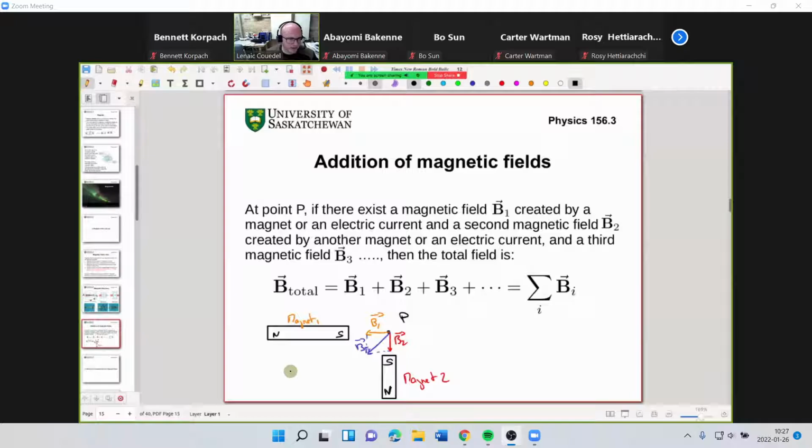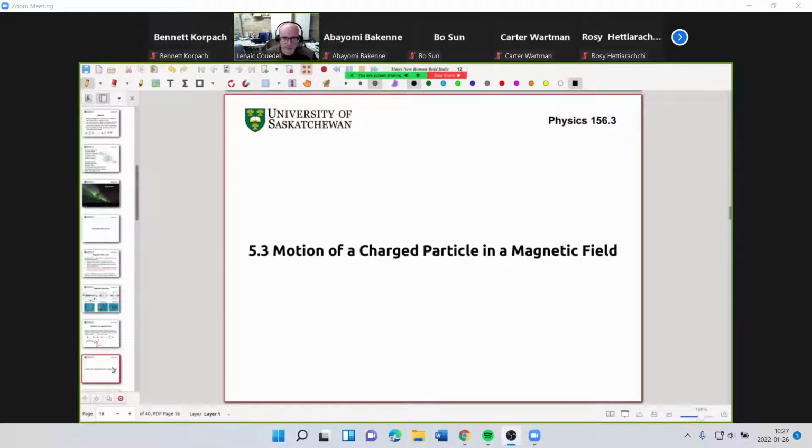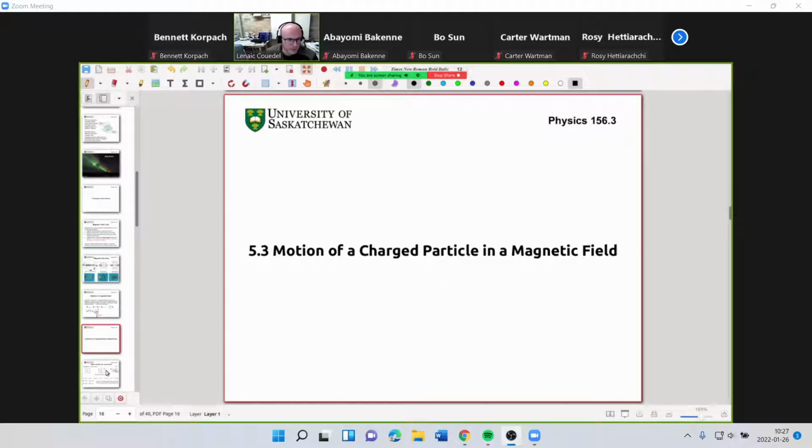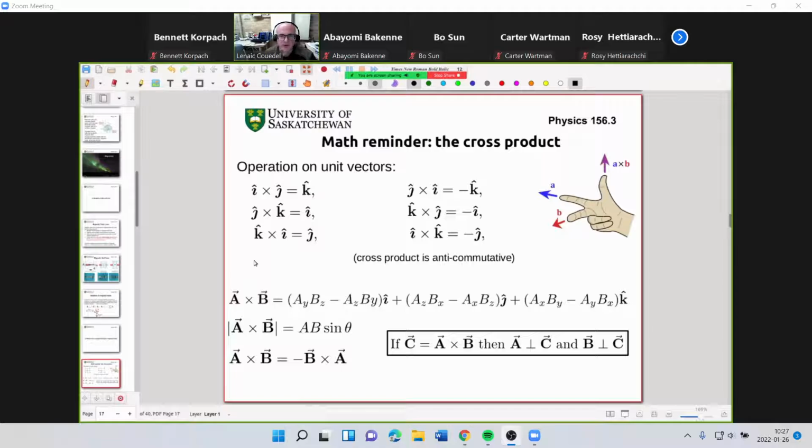No, so now let's dive into something that is slightly more complicated, which is the motion of a charged particle in a magnetic field. Before we jump into that, there is something you've seen in math, which is called the cross product. You take two vectors and you end up with a third vector.